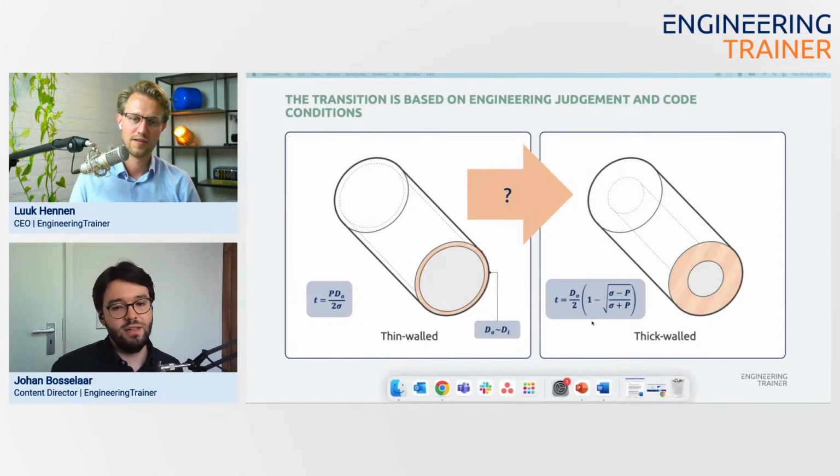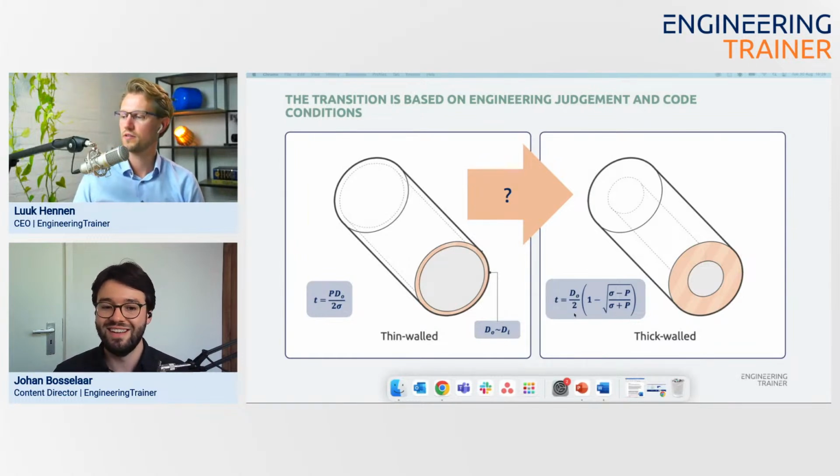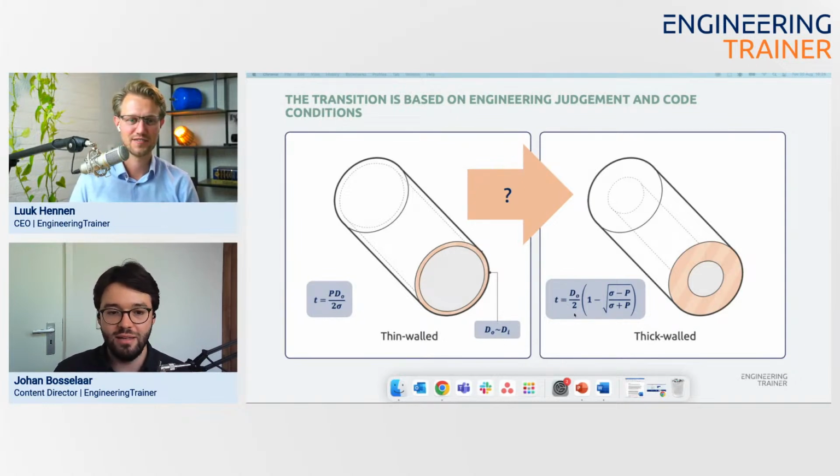And you can see that the components are similar, right? So you can see that there is a D over 2 term in both equations. Sorry, D over 2. Yeah, thanks. And there is a term that's based on sigma, and so the stress and the pressure.